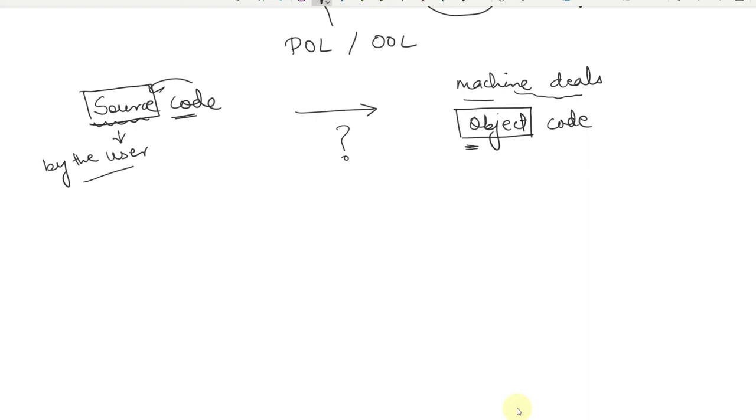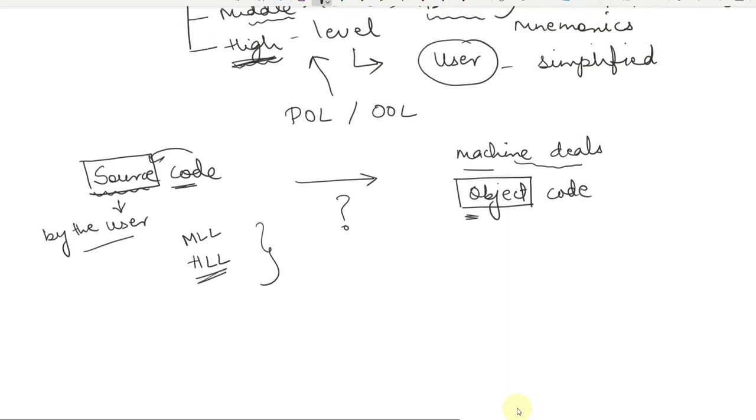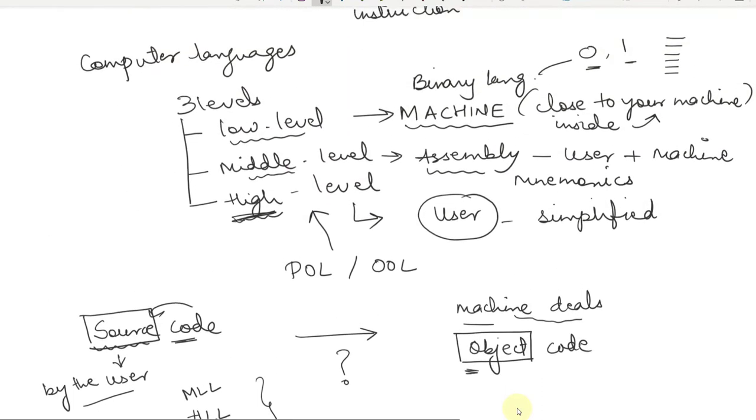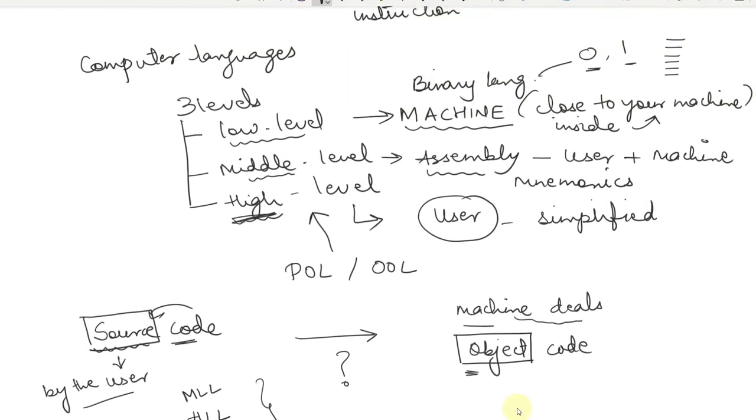Exactly. So what happens is, when you write a code in a high level language or in a middle level language, if you remember, I had explained earlier, that code, both in case of middle level and in case of high level, is user friendly. It is simplified.